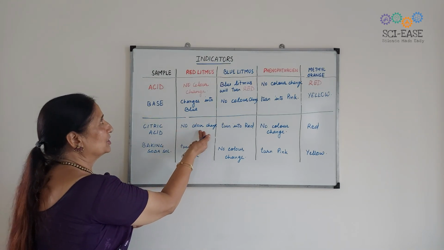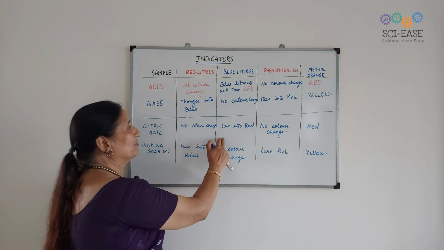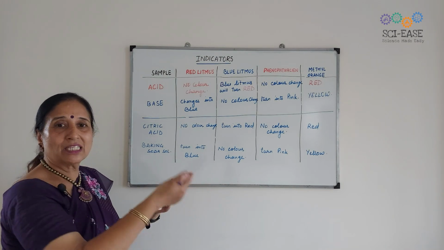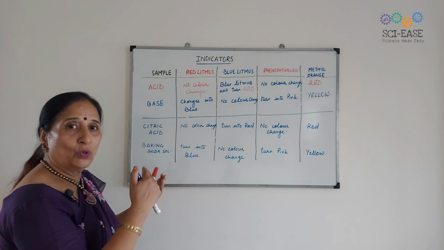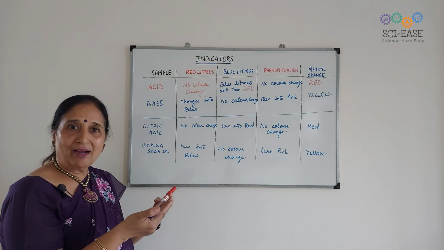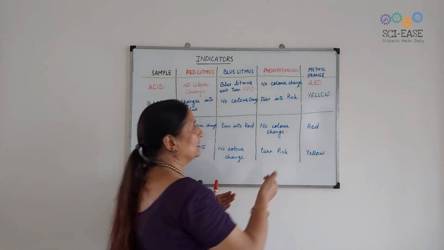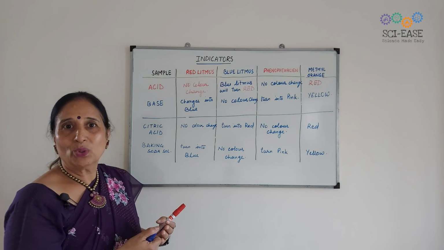There will be no color change when red litmus paper is added to it. Blue litmus will turn into red. Okay. And there will be no color change when phenolphthalein is added to vinegar. Okay. And when methyl orange is added to this vinegar, it will turn to red.